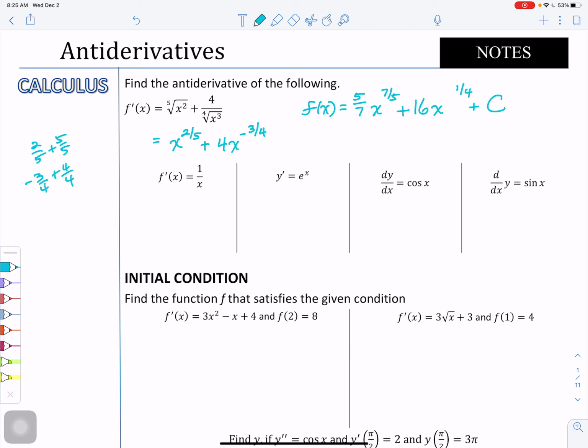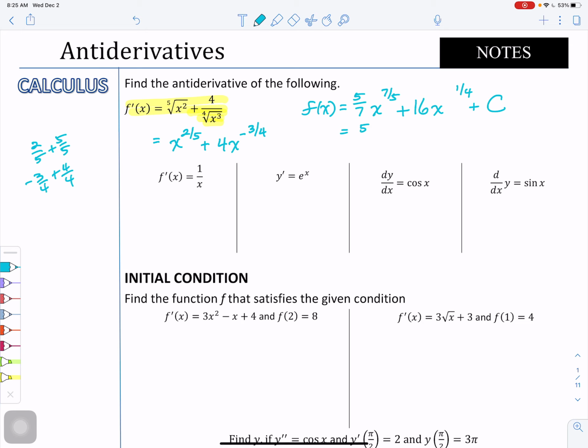Now, as you can see, the given derivative did not include any variables with negative exponents. So it's customary to leave your solutions without fractional exponents or negative exponents.